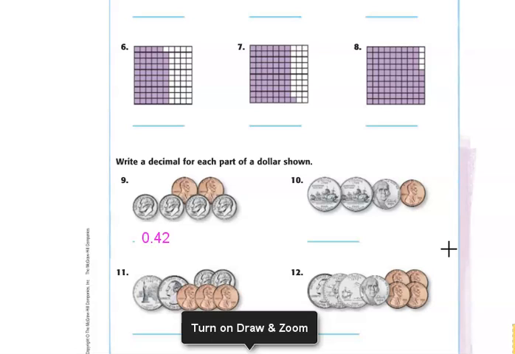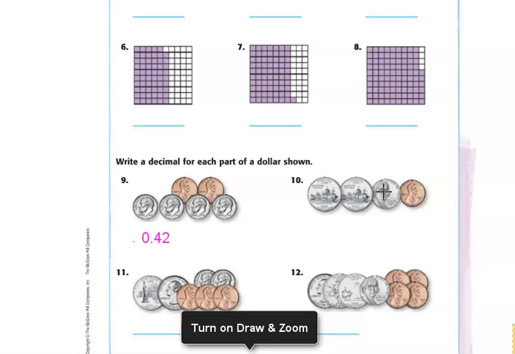Now they've got some different coins in here that we haven't done before. So I can tell that our first 2 coins here are quarters. Each quarter is worth 25 cents. So 25, 50. Now we've got a different coin than we've seen before. This is a nickel. So we're at 50 plus a nickel is 5 more cents.